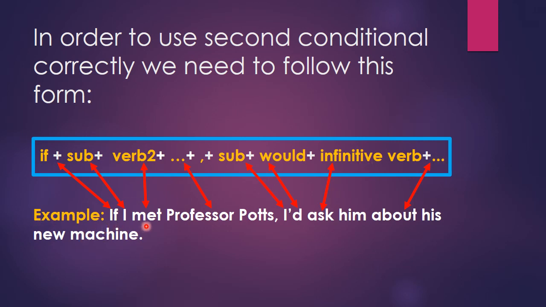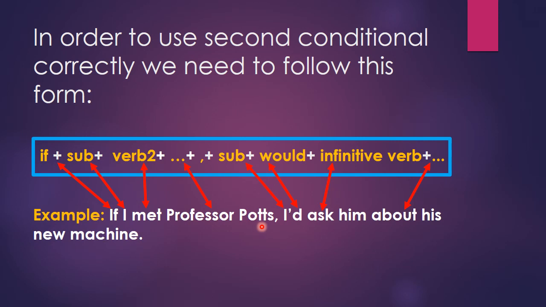If I met Professor Potts, I would ask him about his new machine. As you might see here, you might know Professor Potts from other lessons we took already. So Professor Potts is an imaginary character.